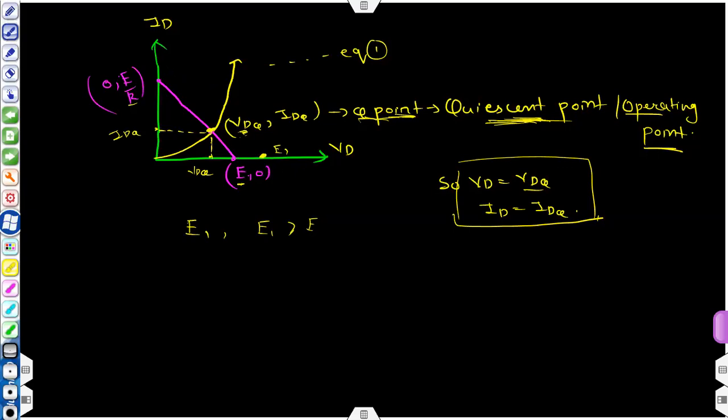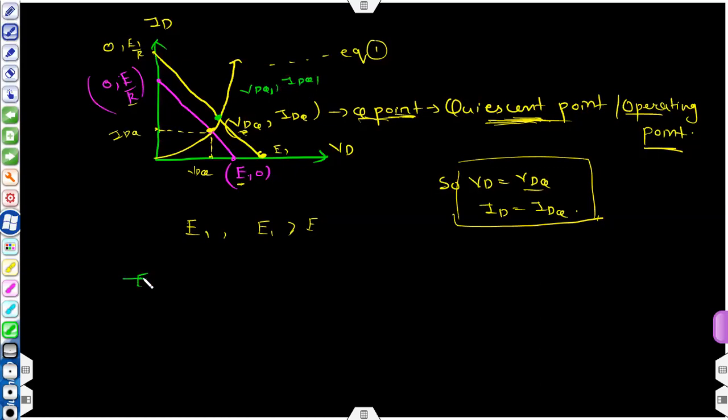Correspondingly, the second point, R being fixed and E increased, is 0 comma E1 by R. So now this will be the new curve in yellow. The point in green is VDQ1 comma IDQ1.